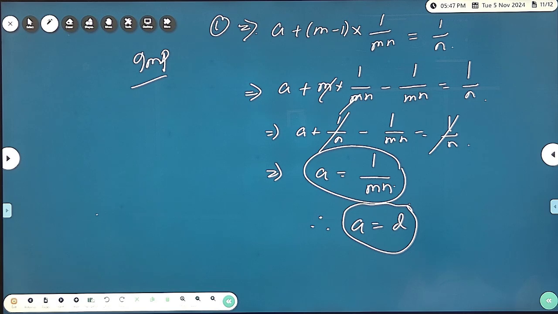So next, there are certain very standard questions that they always ask. This is one such question. Page number 44, question number 3.